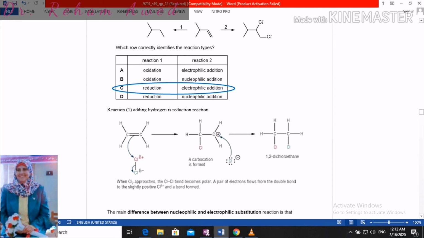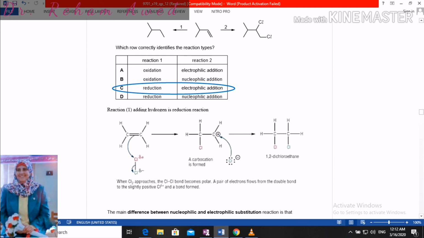So the electrons of the chlorine covalent bond will shift to the other chlorine atom, and we will break the single bond between the 2 chlorine atoms heterolytically.